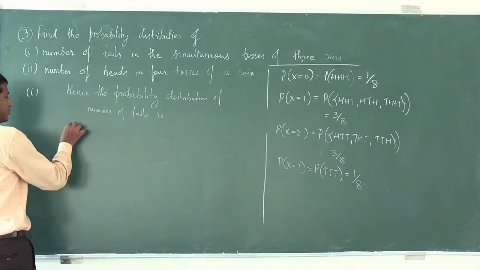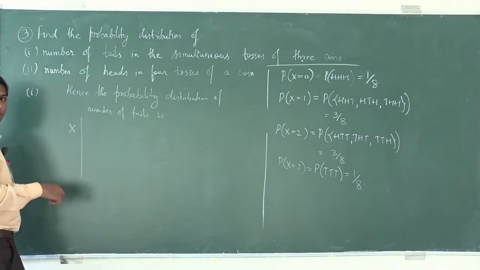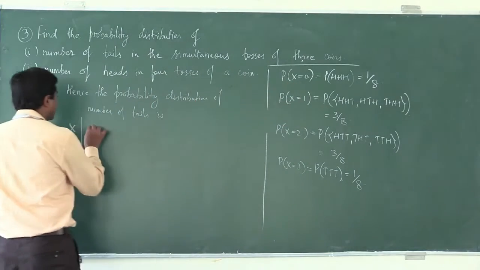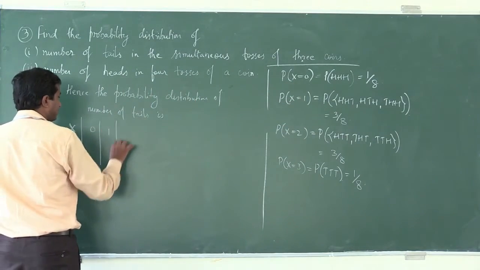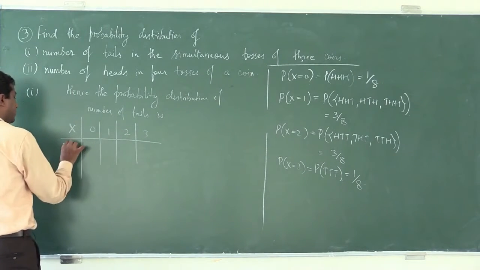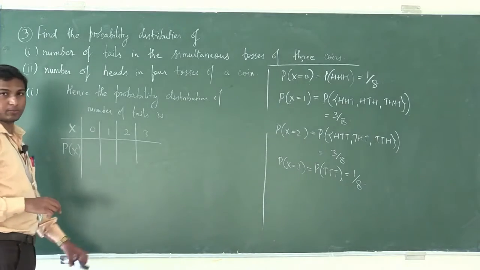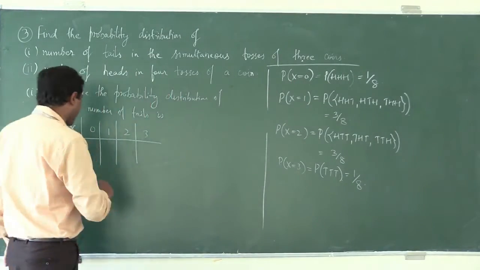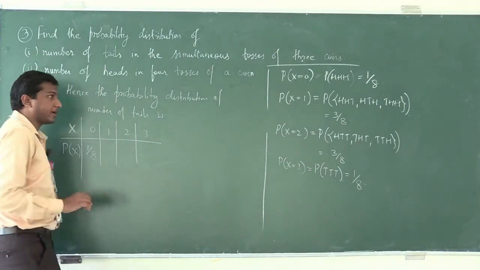So I denote the first row by capital X. What are the possible values x can take? 0, 1, 2, 3. Then P of x, the corresponding probabilities. The probability when x is 0 is 1 by 8. So I write it here, 1 by 8.